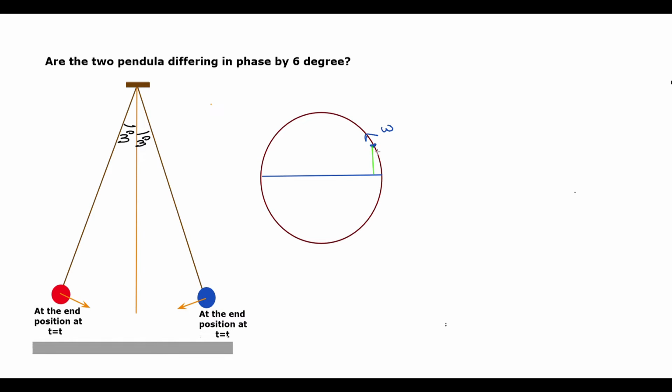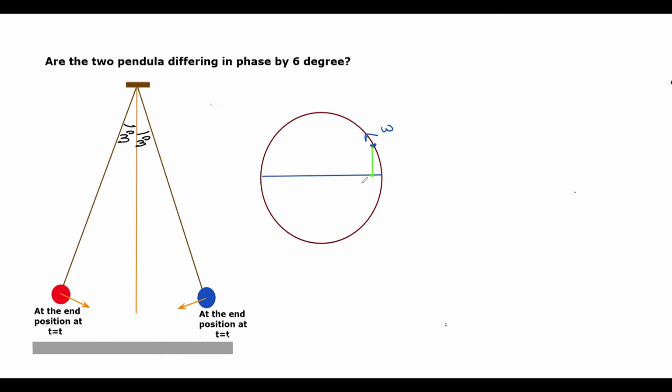This point is called the foot of projection, while this particle, which may be called the parent particle, rotates with uniform angular speed.